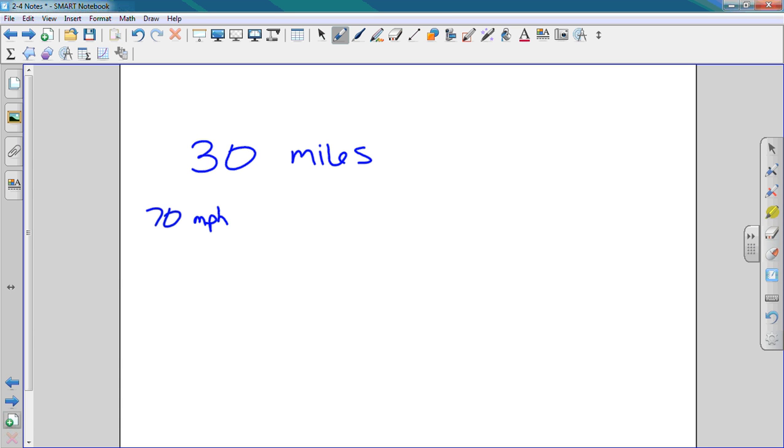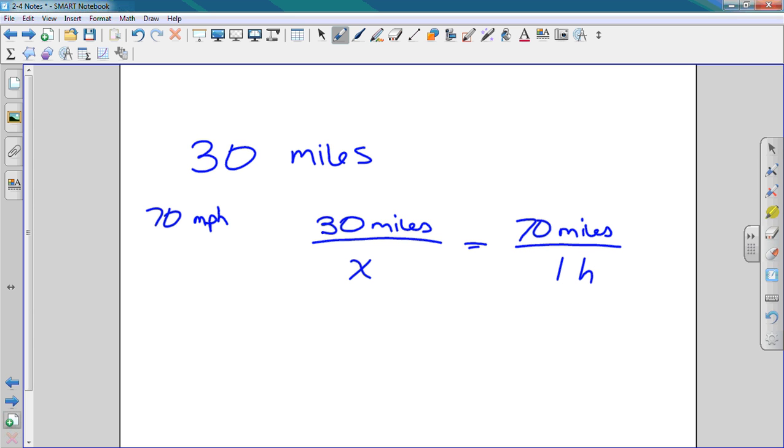Let's find out. So, I'm going 30 miles. I don't know how long it's going to take me, but I do know that I'm going 70 miles in 1 hour. So 30 times 1 is just 30 equals x times 70 is 70x.